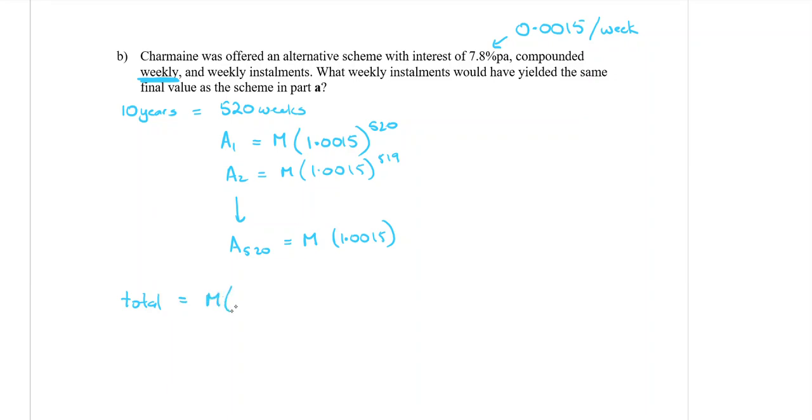So I'm going to start with M equals M times 1.0015 plus M times 1.0015 squared plus all the way up to M times 1.0015 to the power of 520.